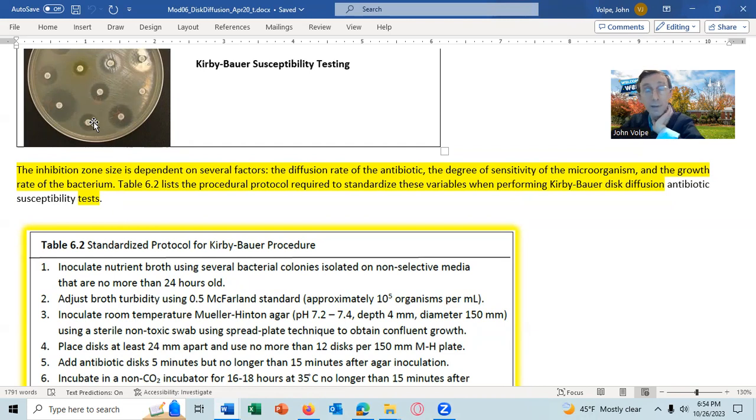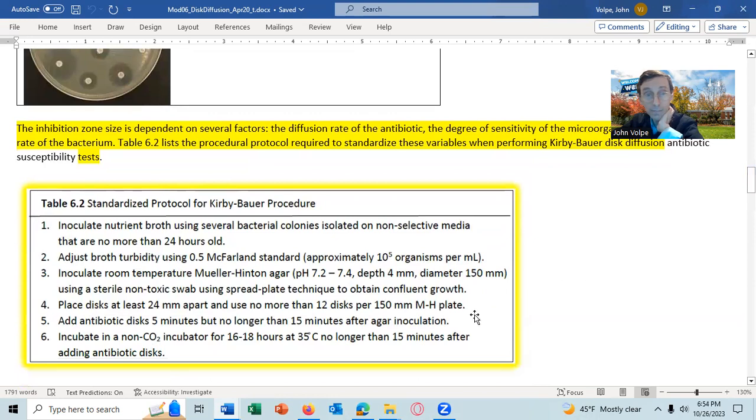Once you put the bacteria on, you let it sit for a few minutes to absorb the liquid that the bacteria were on. And so you always let it sit for 5 minutes to 15 minutes before putting the antibiotic disc on. You then place it in the incubator no longer than 15 minutes after placing the antibiotic disc on the plate.